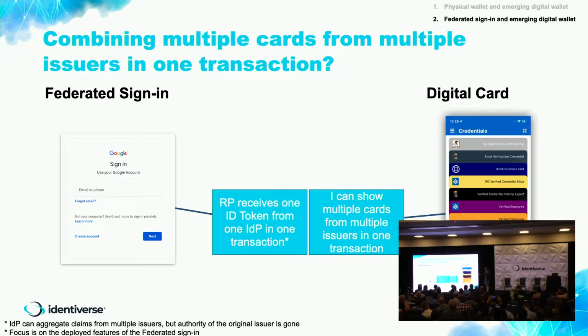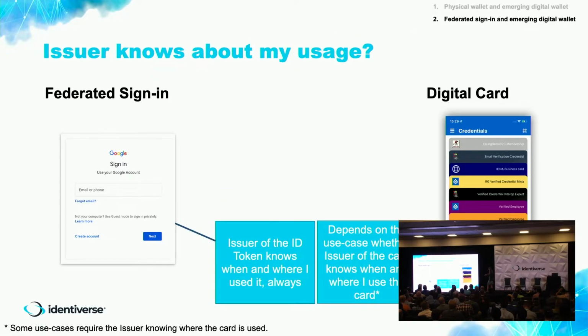But one, it's not really common, and two, the signature on the issuer-signed thing sent back to the hotel would still have the authority of the Department of Motor Vehicles, right? So the nuances are quite different for me being able to present cards from multiple issuers in one transaction.